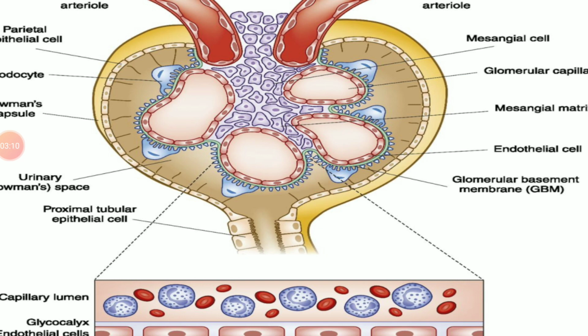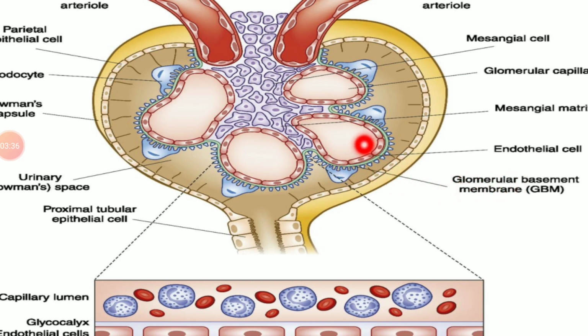Now, remember that the capillaries in our body have a single layer of endothelium only. So firstly, the blood has to pass through the endothelium, which makes the wall of the capillary. And this endothelium is lying over a basement membrane, which we call the glomerular basement membrane.